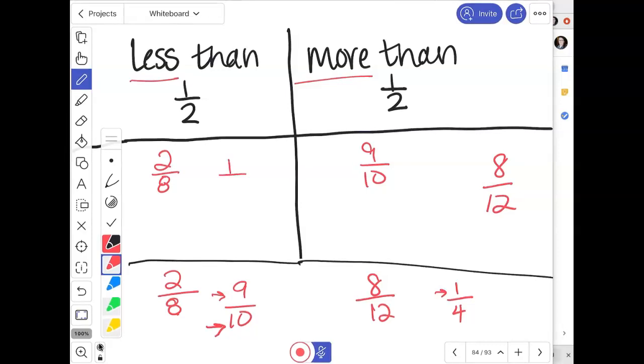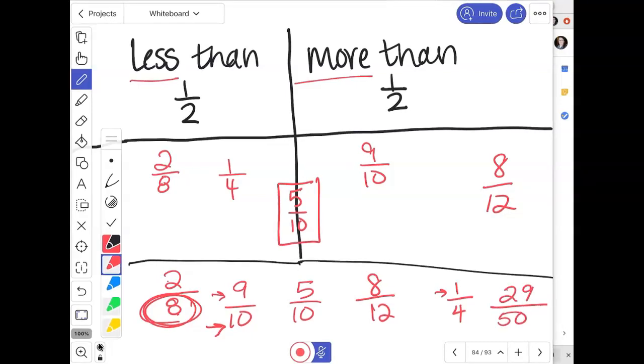It's less. Do you see how I'm saying, what's 1/2 of my denominator? And then comparing the numerator to whatever that is, right? What if I have 5/10? What's 1/2 of 10? It's 5. So this one's actually equal to 1/2. That's exactly 1/2.